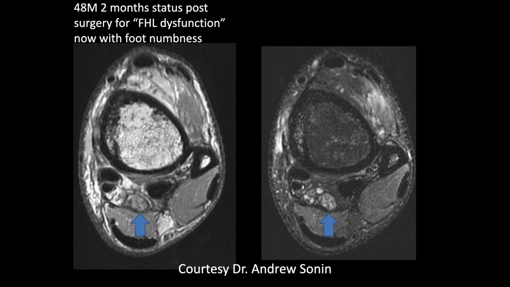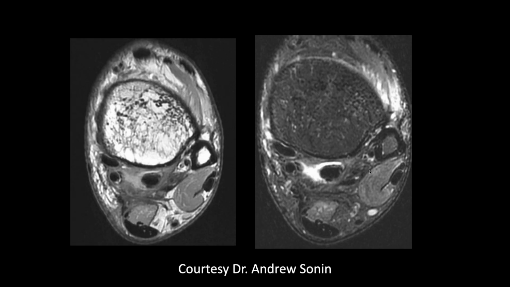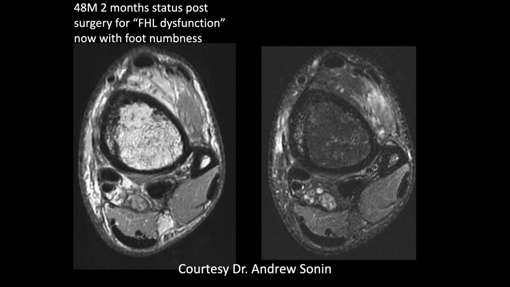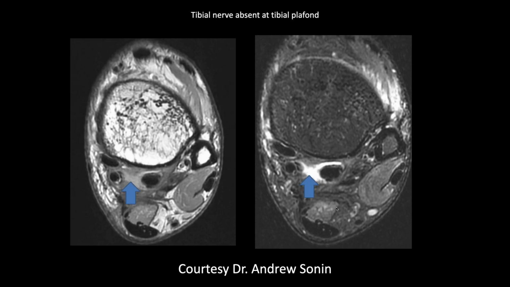Yeah, right where the arrow is. So I'm wondering if this is a nerve, like a big edematous nerve. That's what it looks like. So assume something got injured during the surgery. And then we see edema here, kind of surrounding the flexor hallucis longus. So is there a nerve transection, and that's like retracted and edematous?